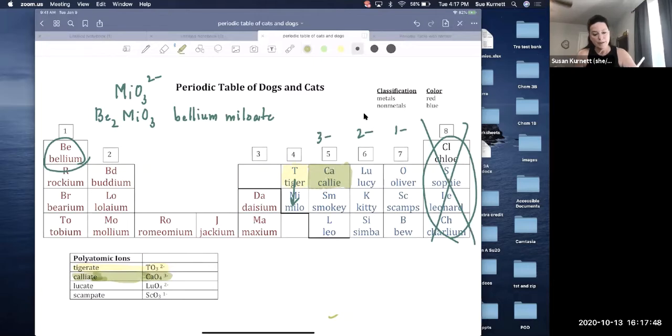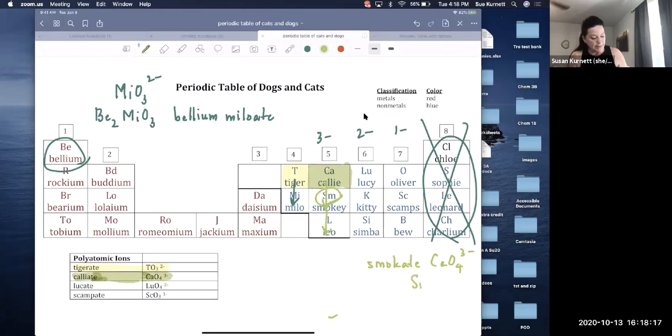So if we go down the line, we could go to smoky 8 or Leo 8. Just take those words and add an 8 to them, and they would have the same charge. So smoky 8 is below Callie, and Callie 8 is CaO4 3-, and smoky is SM.